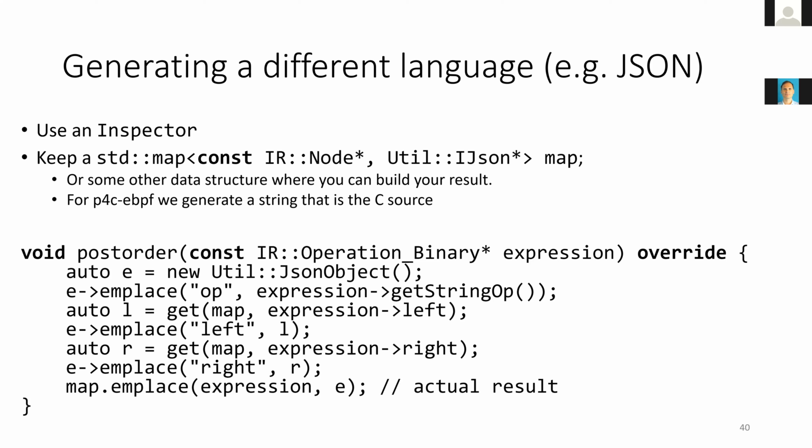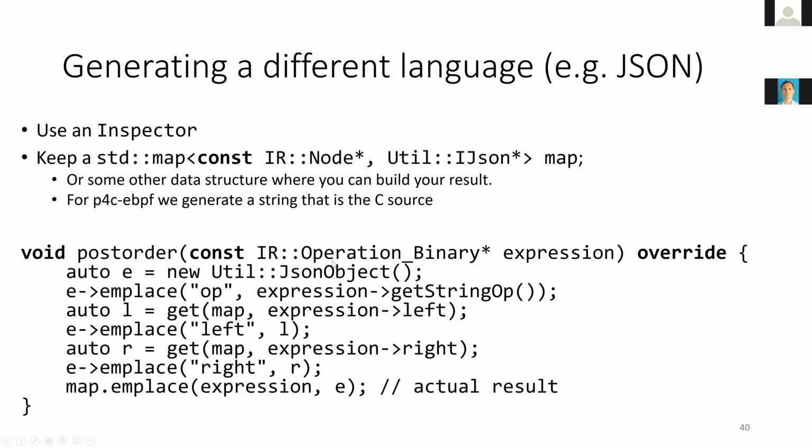There's 6 backends in the repository that you can see, and each of them generates a different kind of code. Here I showed an example that could be part of, for example, the BMV2 backend. The BMV2 backend generates a JSON file, which is then fed to the BMV2 simulator, and essentially the simulator will interpret this file at runtime.